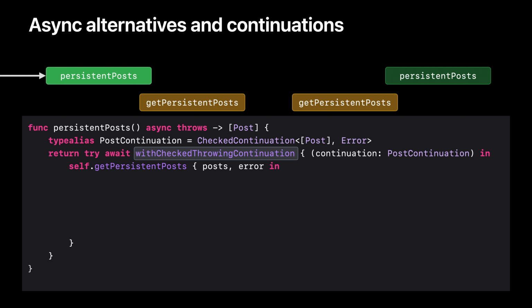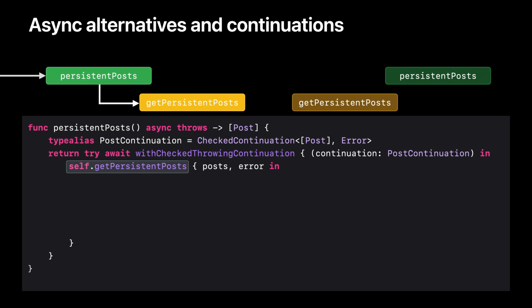It has a counterpart called withCheckedContinuation for the situations where you know a function will never throw an error. These functions are the way to gain access to a continuation value you can use to resume a suspended async function. This also builds the first part of the bridge by allowing us to await calls to get persistent posts.